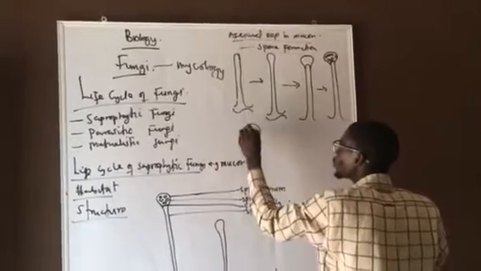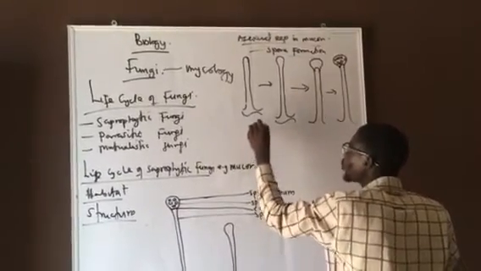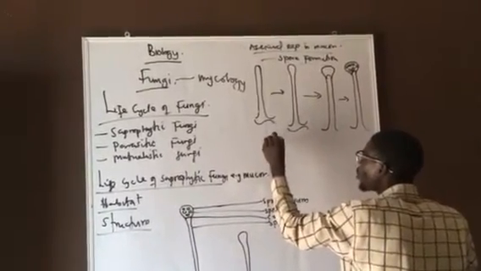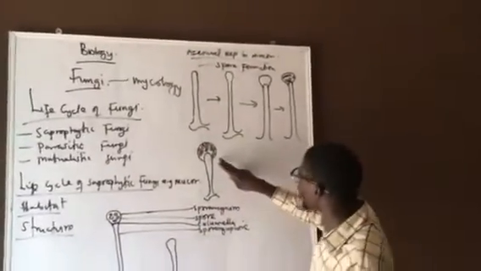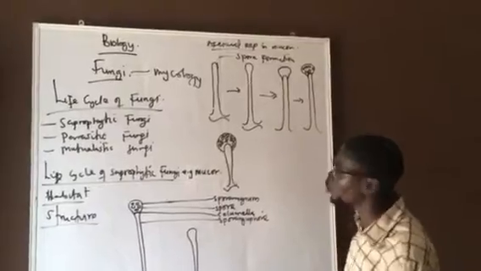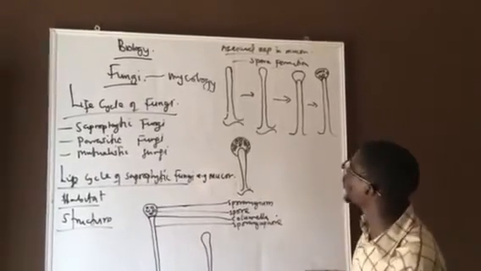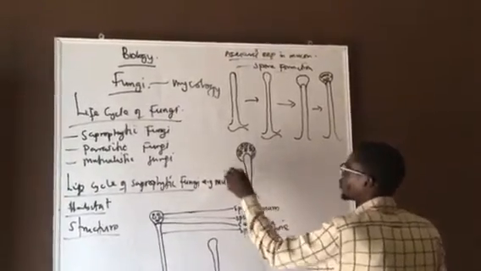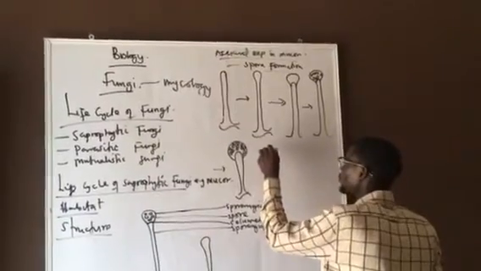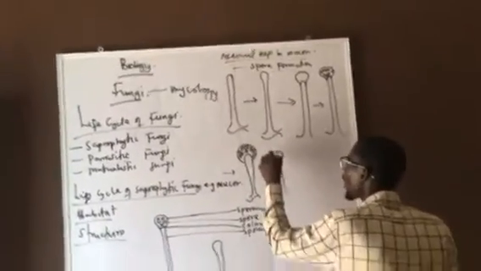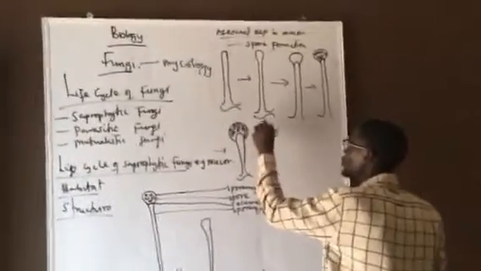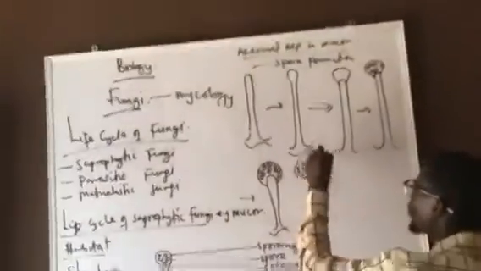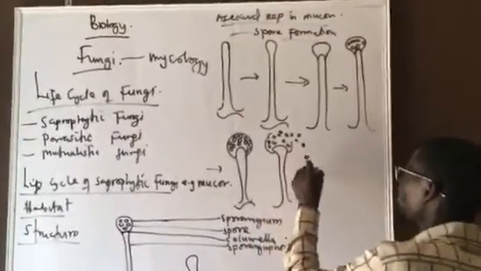Further maturity of the columella will make the sporangium burst, and the spores will be dispersed. They will be set free and released.